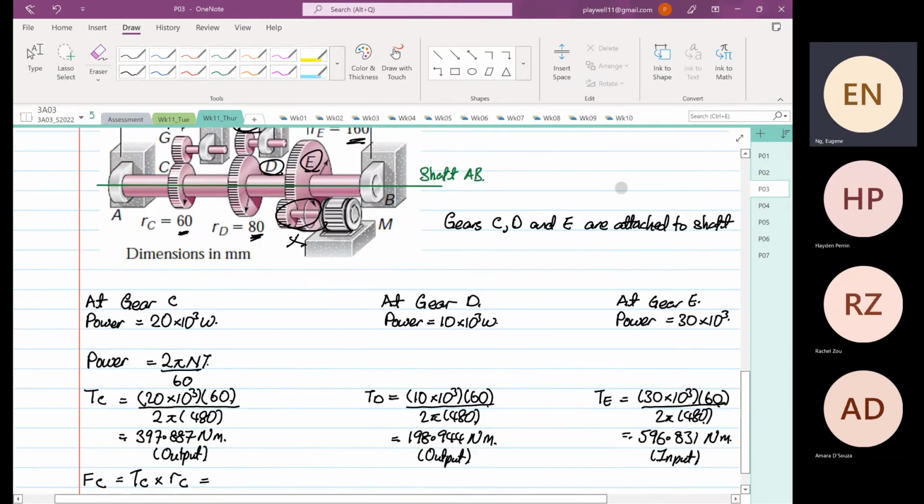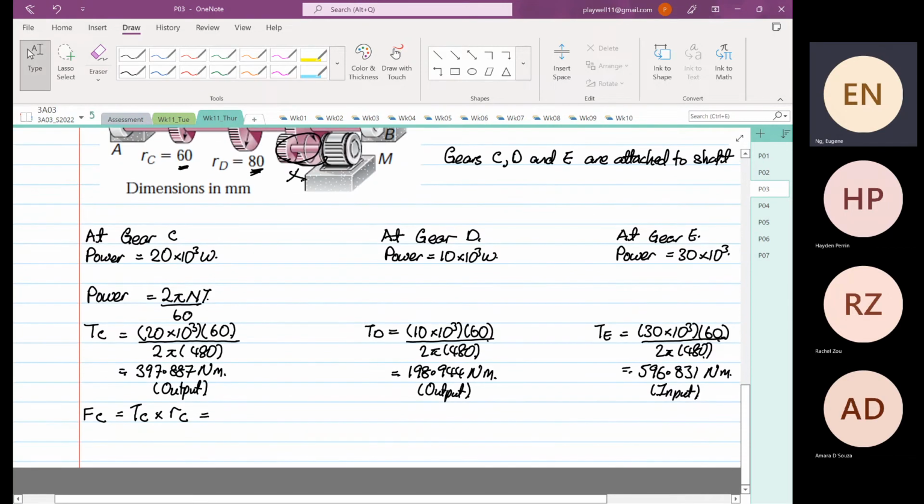Okay, for this reason. So from here, we can calculate the, I got this wrong. Force of gear C is equal to torque of gear C divided by radius of gear C. I do apologize. Okay, not times.